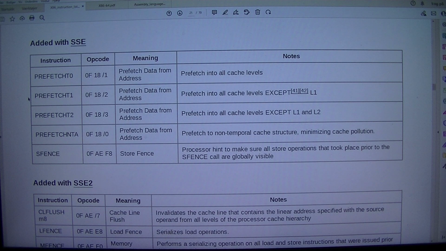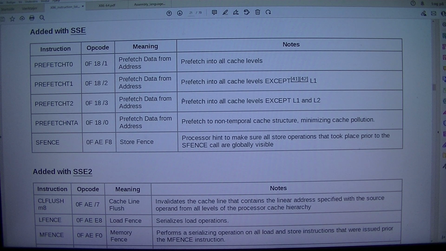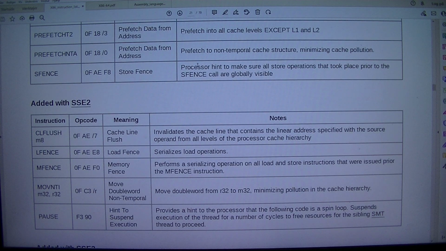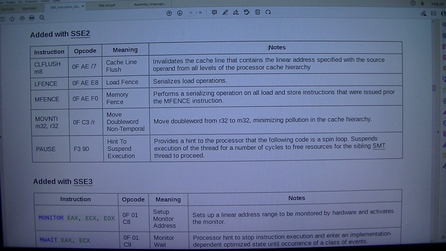PREFETCHT1, 0F18/2: prefetch data from address into all cache levels except L0. PREFETCHT2, 0F18/3: prefetch data from address into all cache levels except L0 and L1. PREFETCHNTA, 0F18/0: prefetch data from address to non-temporal cache structure, minimizing cache pollution. SFENCE, 0FAE F8: store fence, processor hint to make sure all store operations that took place prior to the SFENCE call are globally visible.